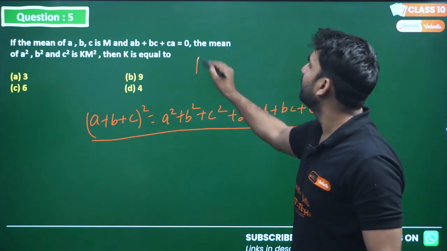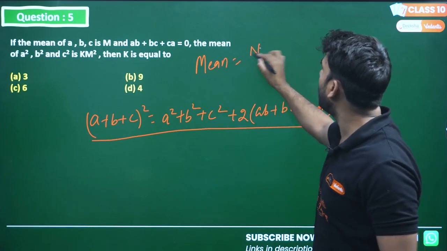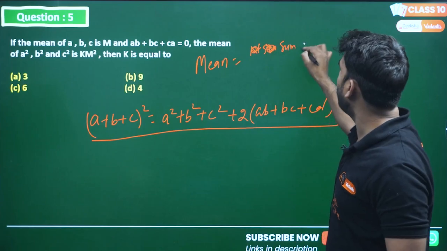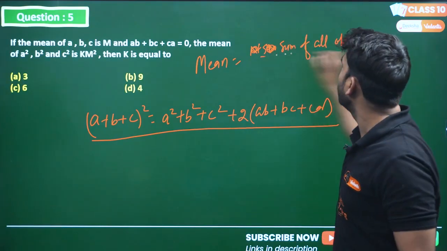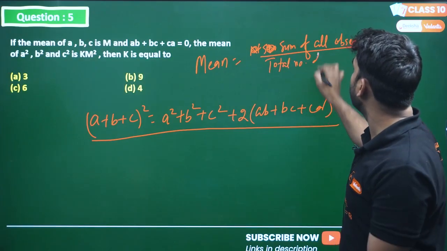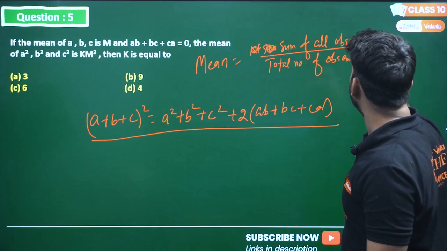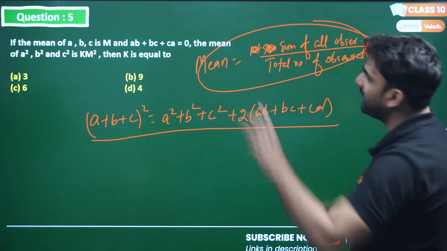And the formula of mean we all know: sum of all observations divided by total number of observations. So I am giving you the hint here. These two formulas will be used here. By using these two formulas, we can get the result.